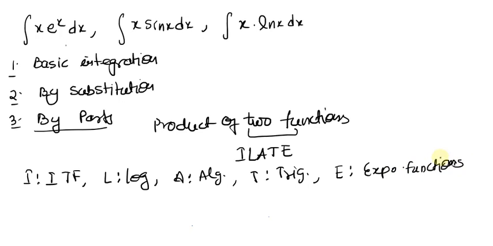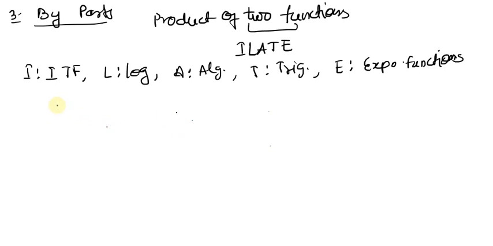So the categories of the functions are like that. You can see here in the first, this x is algebraic, e to the power x is an exponential function. And here algebraic and trigonometric, here algebraic and logarithmic function. Okay, like that.